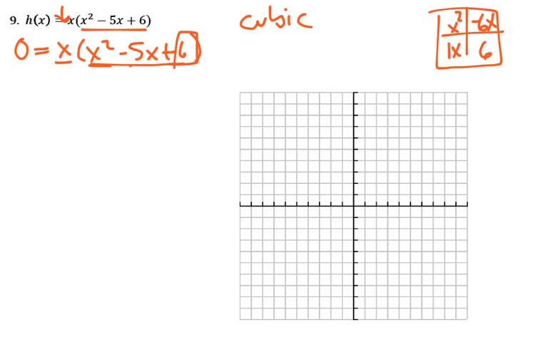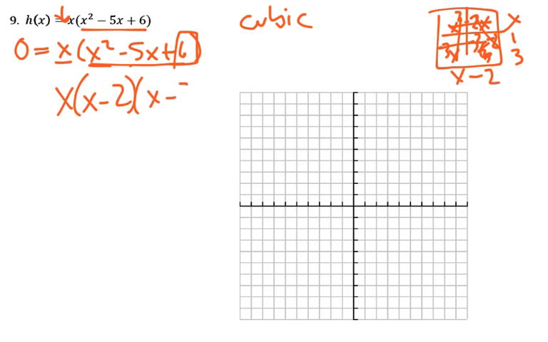No, that won't, because we need a double negative, don't we? Because it's a positive 6. So it'd have to be negative 2x and negative 3x, because 6 would be negative 3 times negative 2. So pull out a negative 2, pull out a negative 3, pull out an x, pull out an x. So we really have x times x minus 2 times x minus 3.